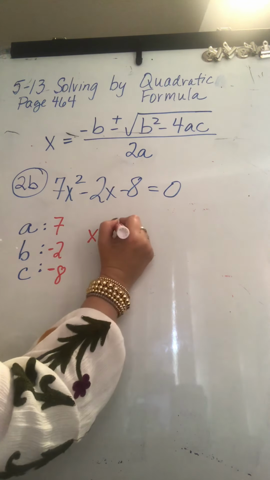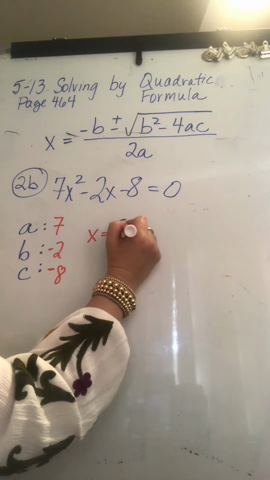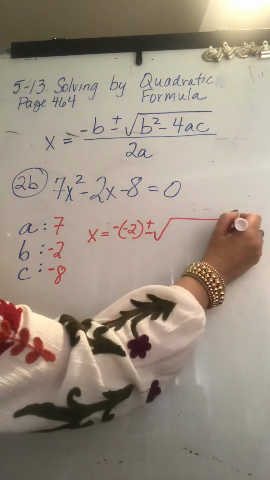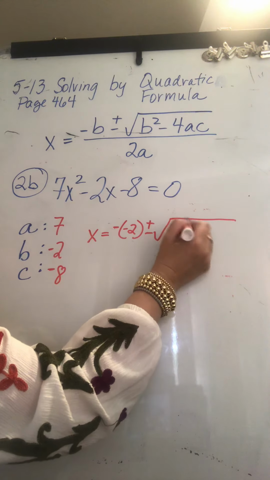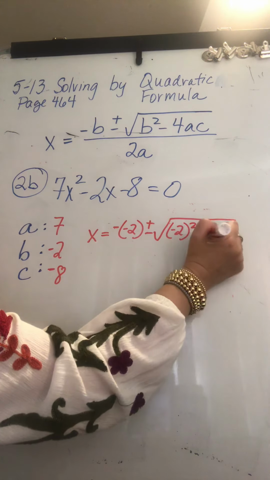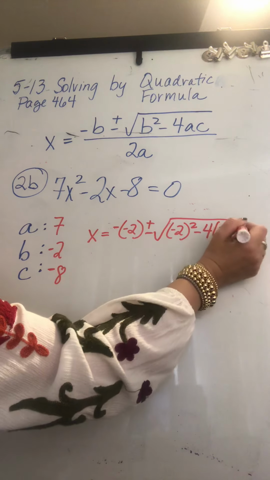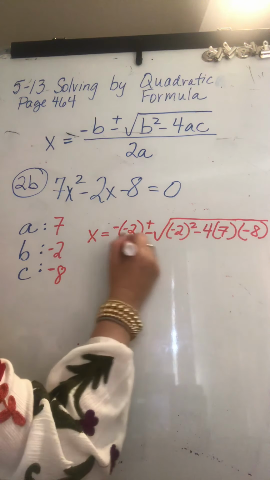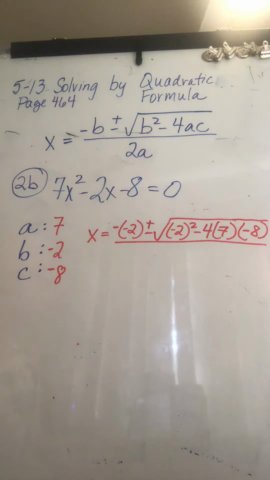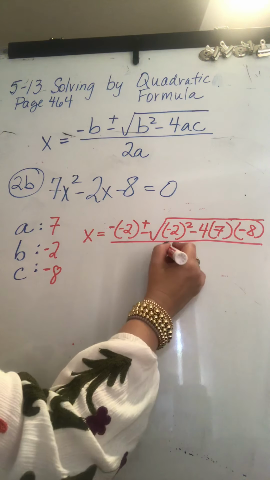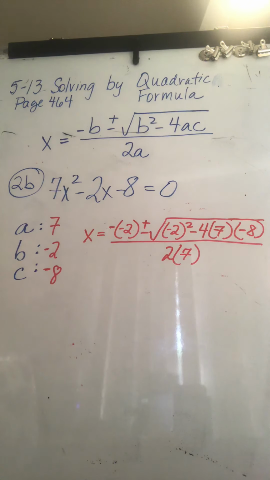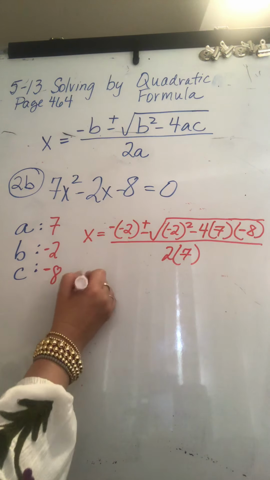X is equal to the negative of negative 2, plus or minus the square root of negative 2 squared minus 4 times 7 times negative 8, over 2 times 7.